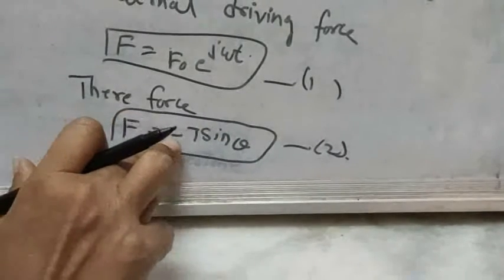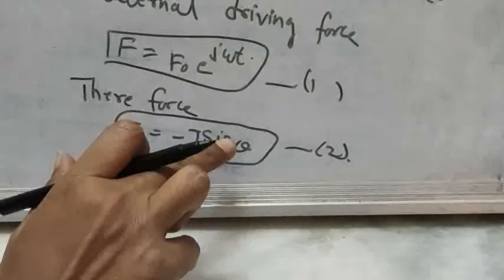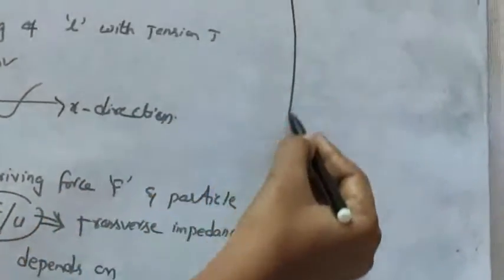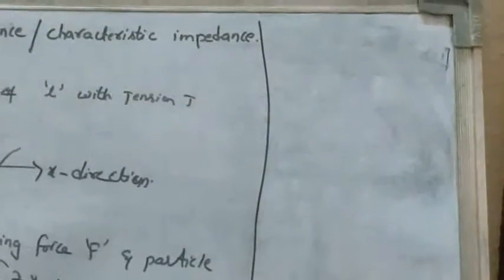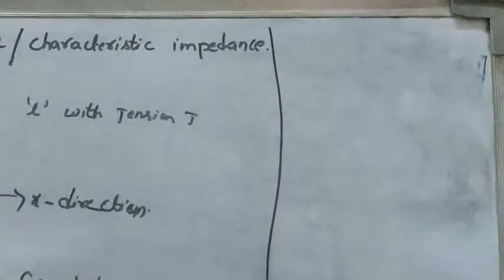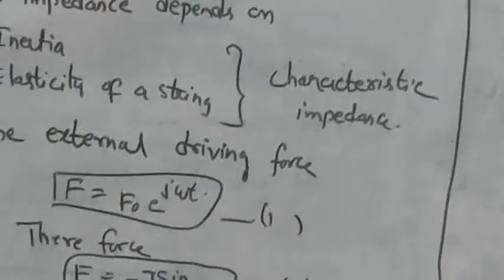So F is equal to minus T sin theta. Now, if theta is small, here minus T sin theta you are observing.